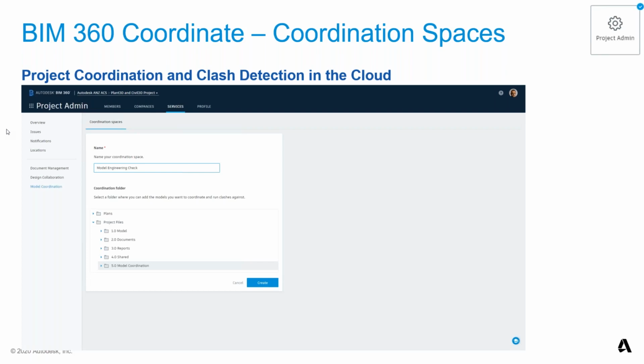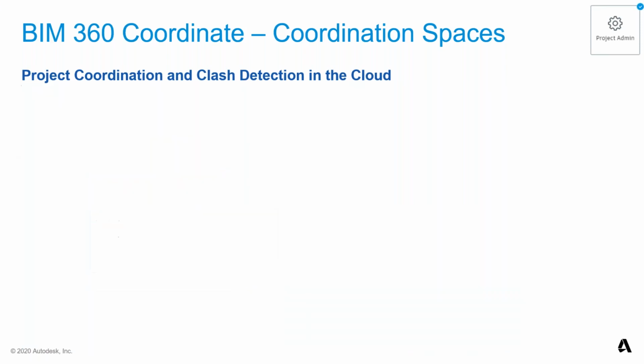Here's just a slide that shows you how this setup works. As I just said, you put the Revit and the DWG files from Plant 3D into one folder that's declared as a coordination space. Then the clash detection will be created automatically between these files.